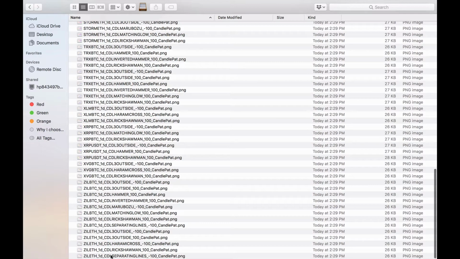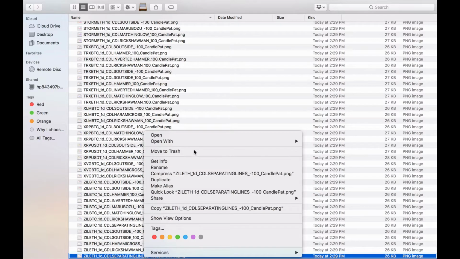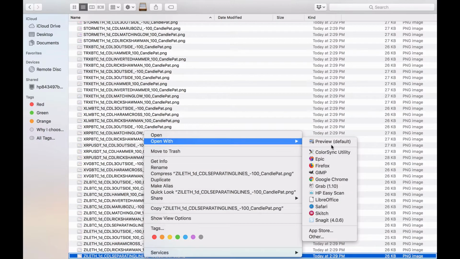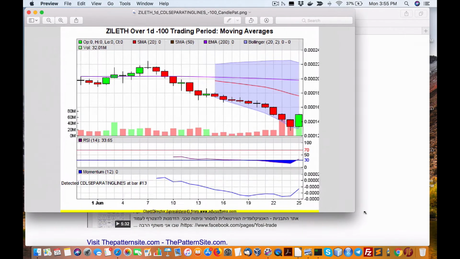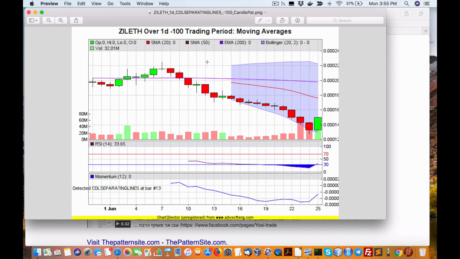Again, we're starting down here at the ZIL Ethereum pair, and I'll show you the first one right here. In the chart, it's very important we understand this: daily, whether it's bearish or bullish, and the trading symbol or the pair.